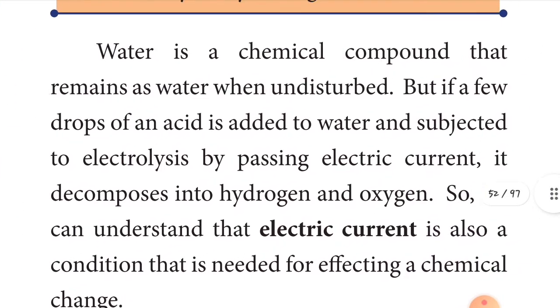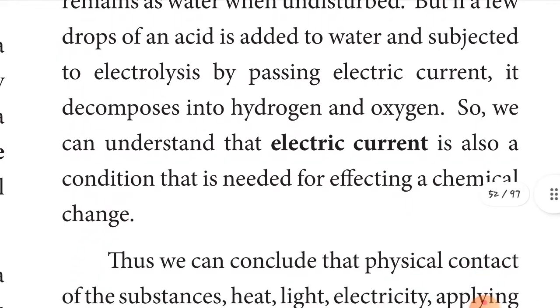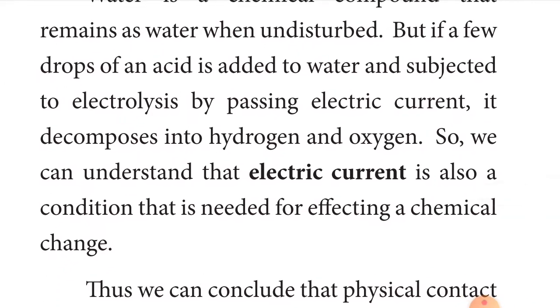Water is a chemical compound with the molecular formula H2O. H2 is hydrogen, one element, and oxygen is another element. Two elements combine to form water. But if a few drops of acid are added and an electric current is passed, what will happen? The water is electrolyzed and decomposes into hydrogen and oxygen.